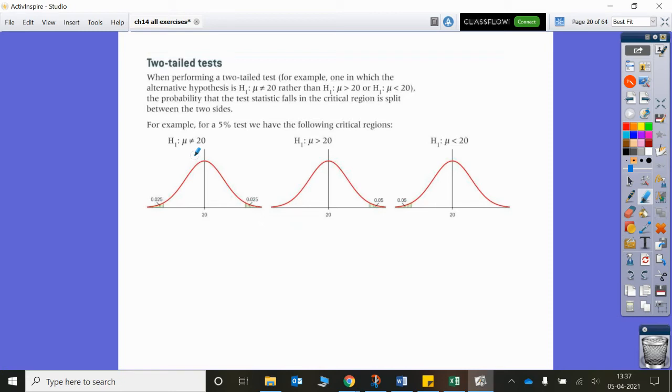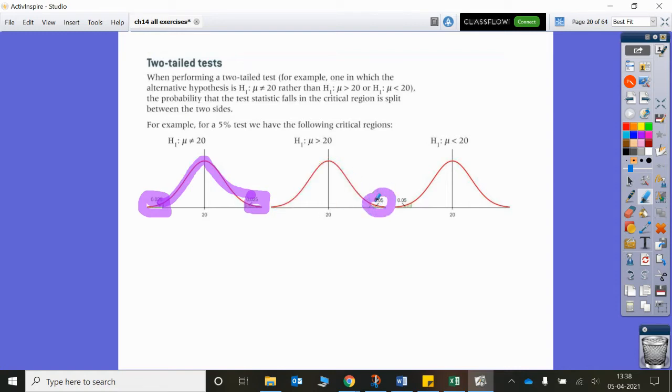then we're going to be doing a two-tailed test. Now, for a normal distribution, this is pretty straightforward, because we're just going to split the 5% between the two ends of our normal distribution. If we were going to test to say that the mean is greater than something, mu0, then we would just be looking at the 5% area at the top end of the original distribution.